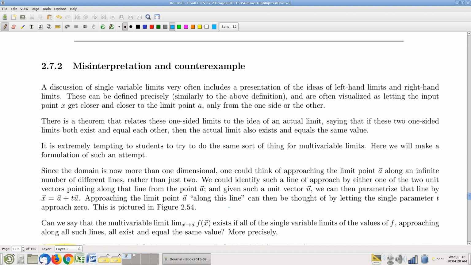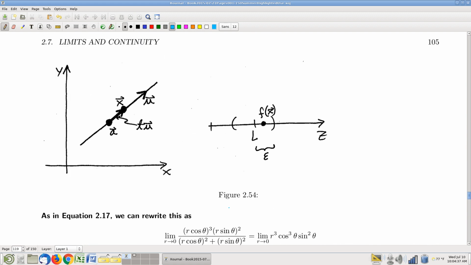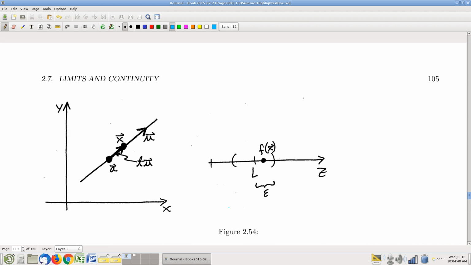Okay, so I want to talk about a misinterpretation that students very often make about multivariable limits. And let me just go straight to the picture. Students tend to think, look, I'm approaching some point A. And if I'm approaching A, I'm going to be approaching along some line, let's say, defined by some direction vector, u.